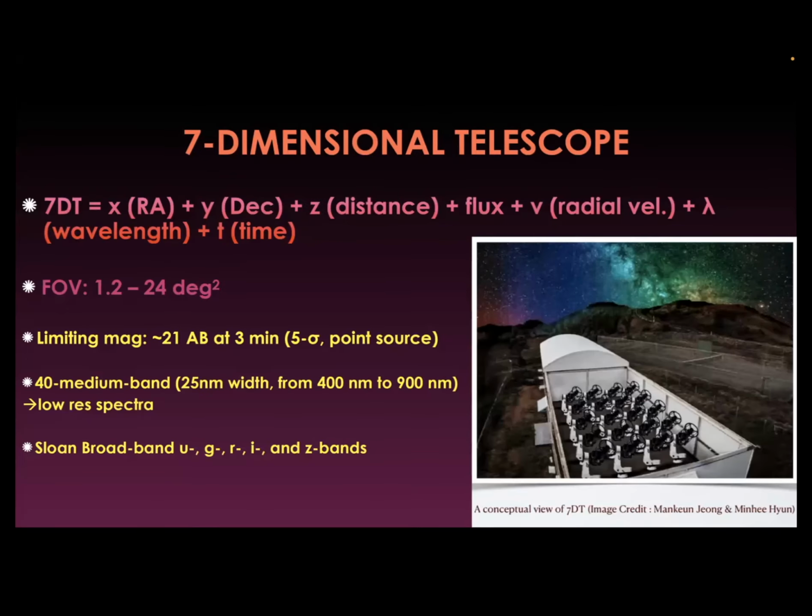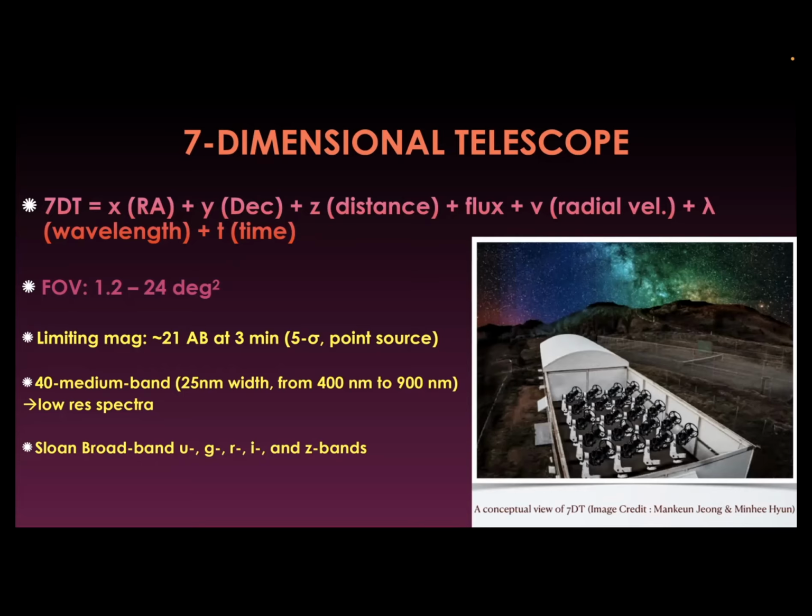The 7-Dimensional Telescope is a network made of 20 telescopes. We call this 7DT because this network of telescopes can observe right ascension, declination, and distance, which is 3 dimensions, flux, radial velocity, and the wavelength, and the time. For this reason, we call this the 7-Dimensional Telescope.